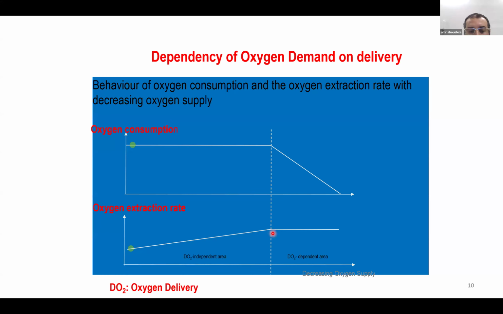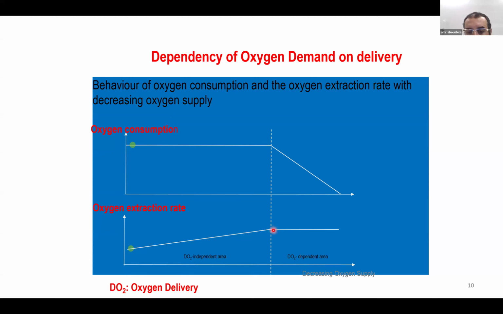At this stage, we will have an independent area of oxygen delivery. The consumption here will be independent of the delivery. So whatever the delivery is low, the peripheral tissue will be able to extract enough oxygen until the peripheral tissue reaches the maximum extraction, which is, as we mentioned, around 50%.